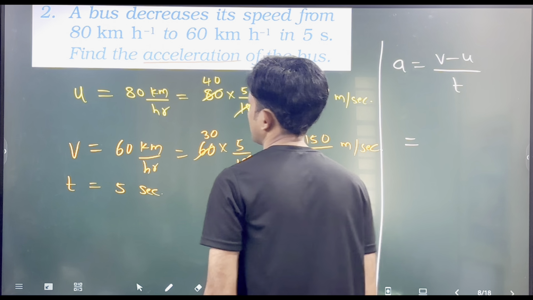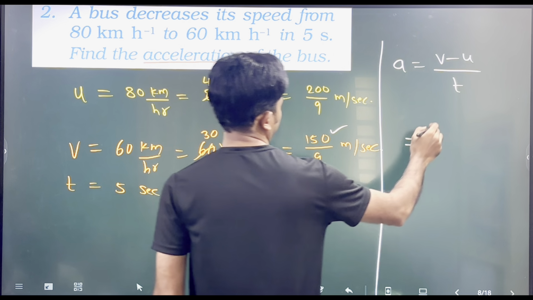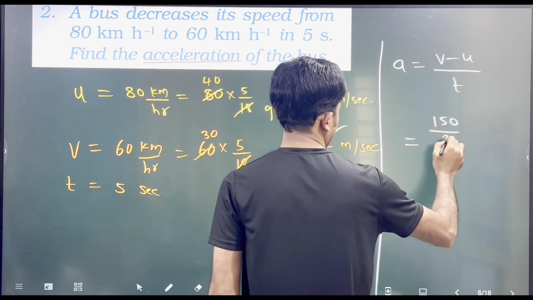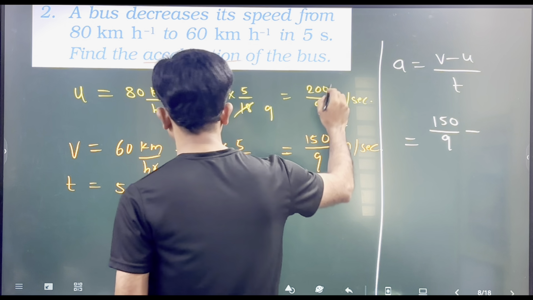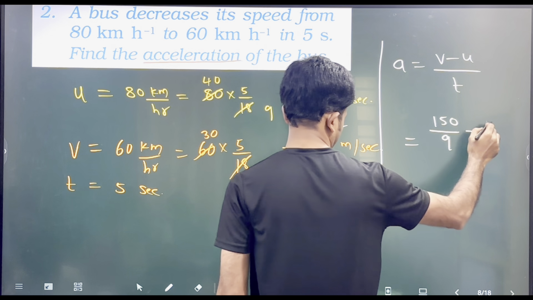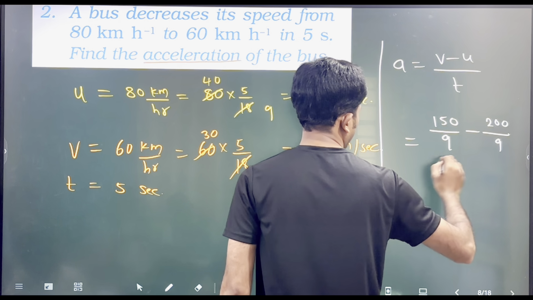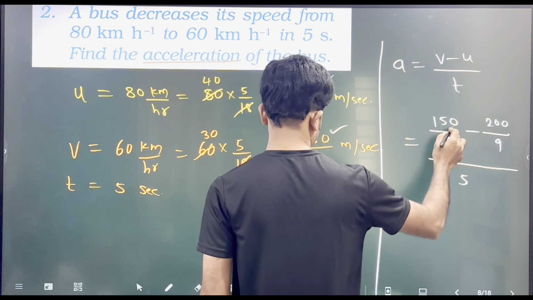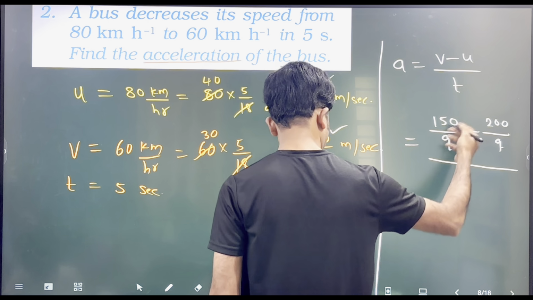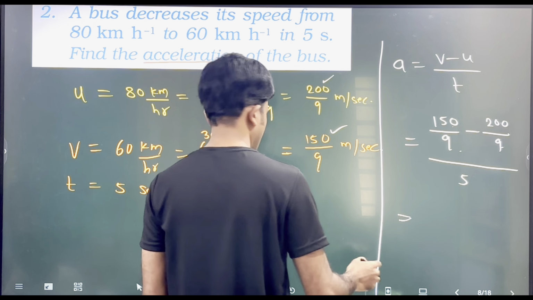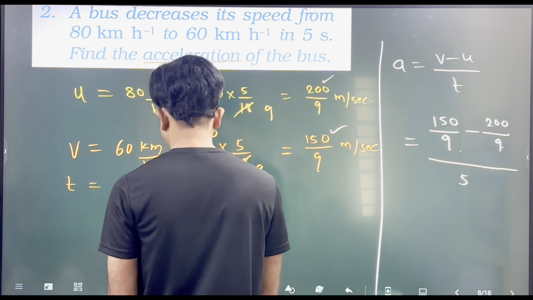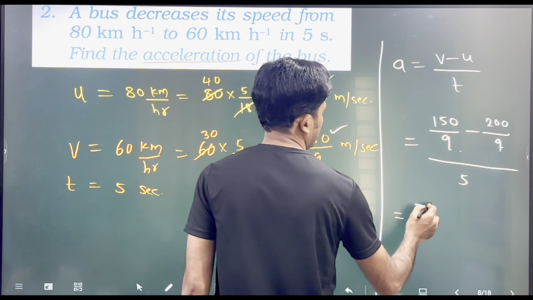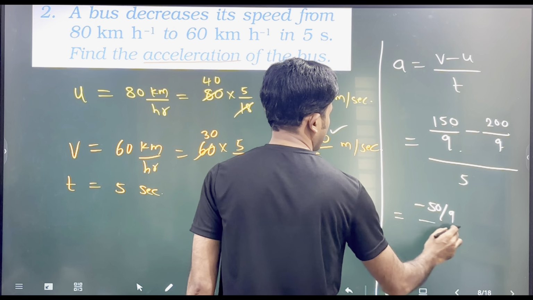So what is the final velocity here? 150 by 9. So 150 by 9 minus initial velocity 200 by 9, by time. The time value is 5 seconds. So if denominators are the same, then we can subtract the numerators. So 150 minus 200 is how much? Minus 50 by 9 by 5.